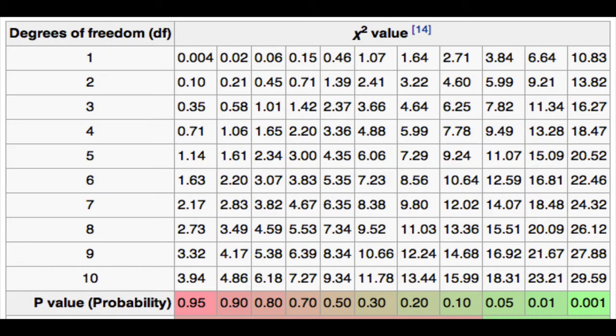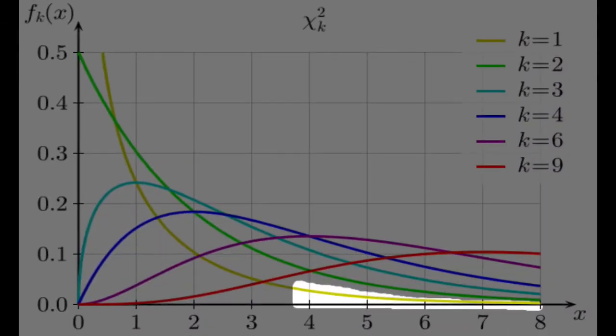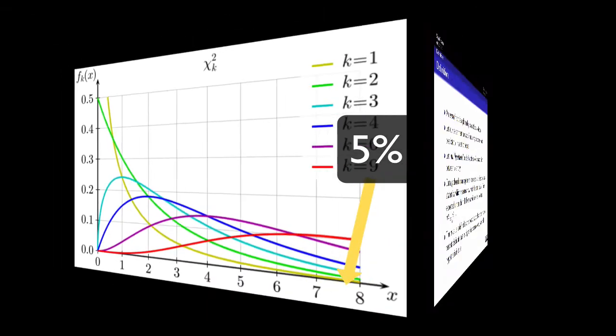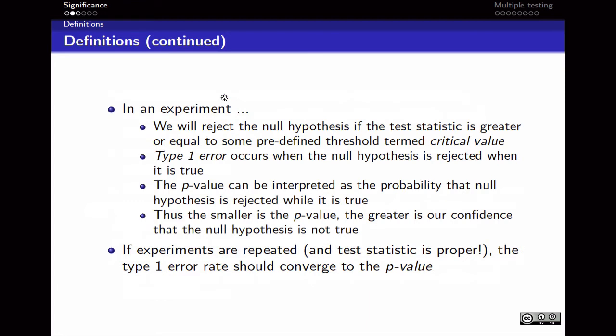Well, again, if your t-square is 3.84, we know that 5% of the chi-square distribution with 1 degree of freedom will be after this point. So that's the exact definition of the p-value.